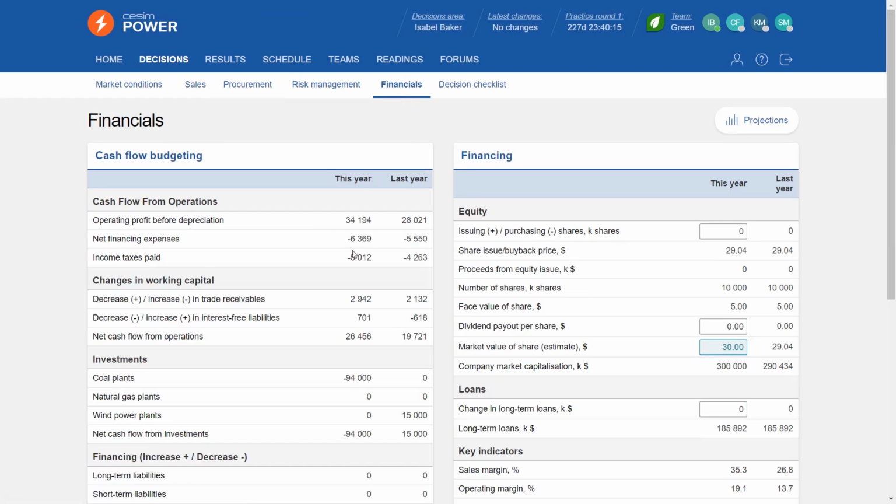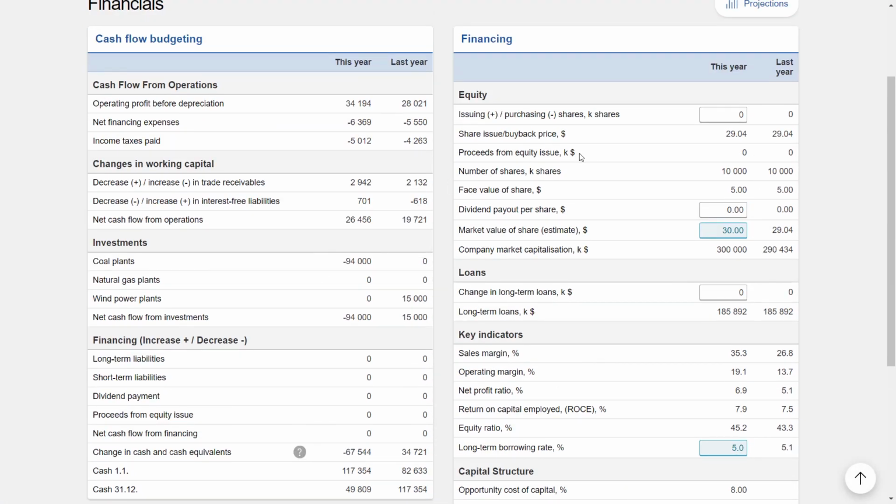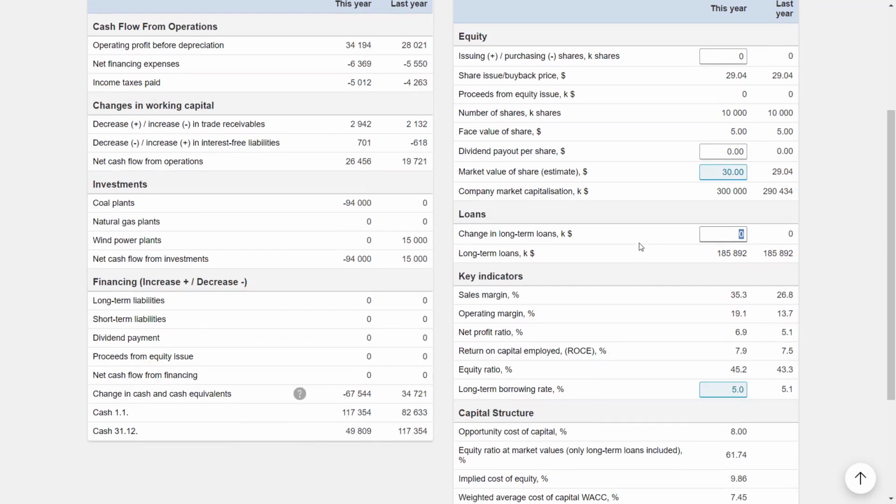Financials is the last page, and here we can see the cash flows, and then we can make decisions regarding our equity. We can issue equity if needed. We can repurchase shares if we start accumulating extra cash. Then we can do dividend payments. We can make increases and decreases of loans.